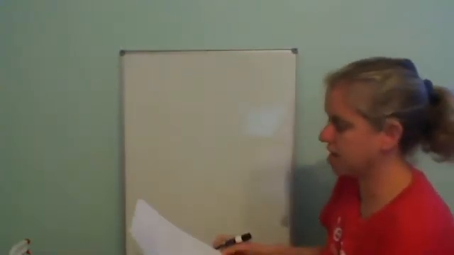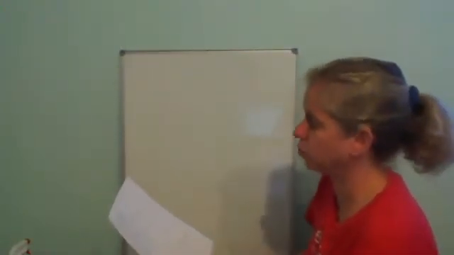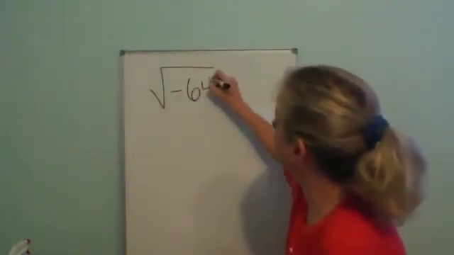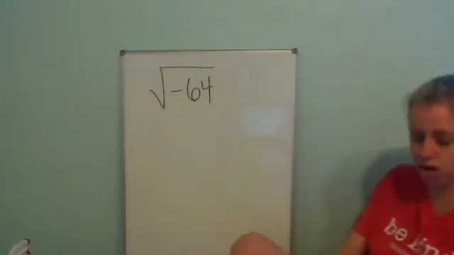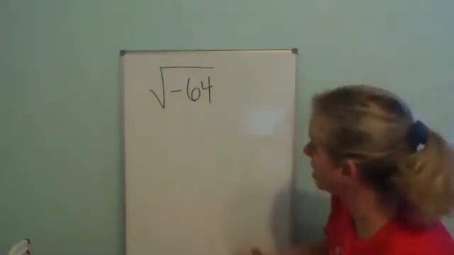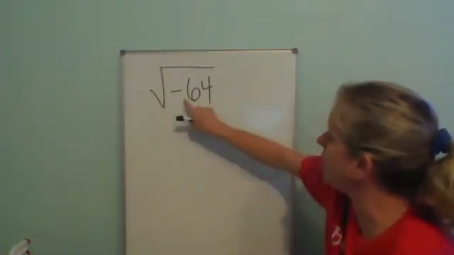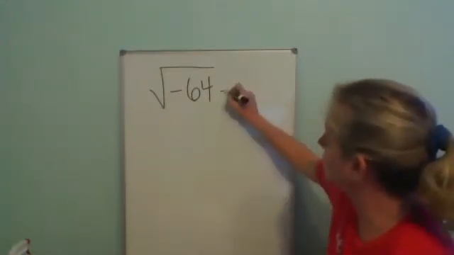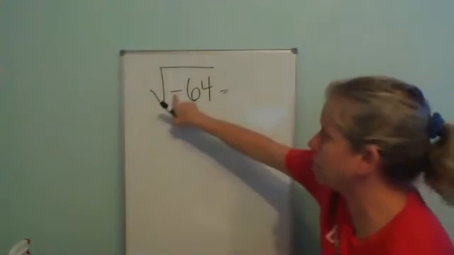All right, number 3 says find the square root that is a real number. So this time you have a negative underneath 64. Now, this right here, when you have the square root of a negative and it's asking you for a real number solution, this is because there is not a real number.